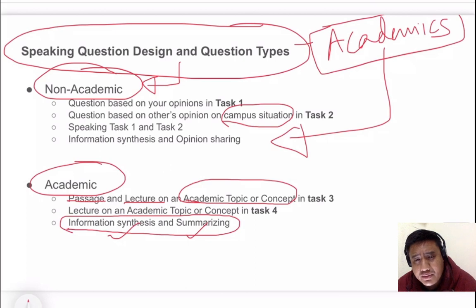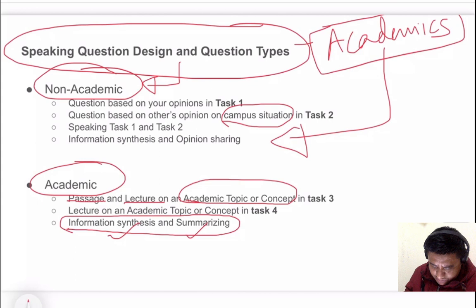For example, the university might have uploaded an announcement on its website, and two people are discussing whether that announcement is good or bad, sharing their opinions. This is one scenario they give you: the conversation.